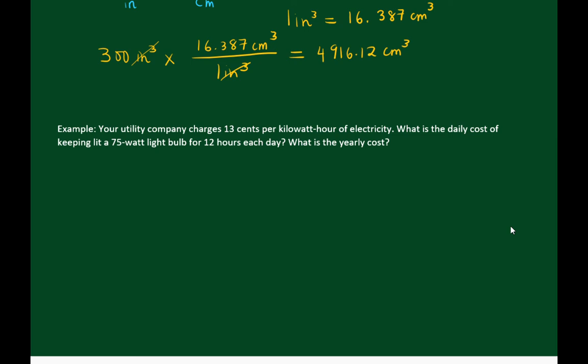The first thing I want to remind us is that the unit you're charged in is kilowatt hour, but the unit for power given for the bulb is watt. It's not in kilowatt, so we have to make that conversion, and kilo means 10 to the third. So when I say one kilowatt, I mean 1000 watts.